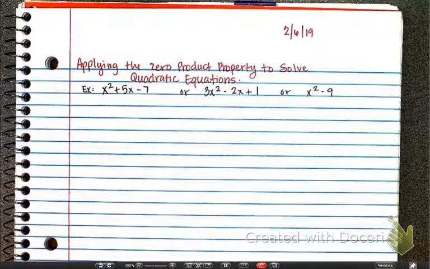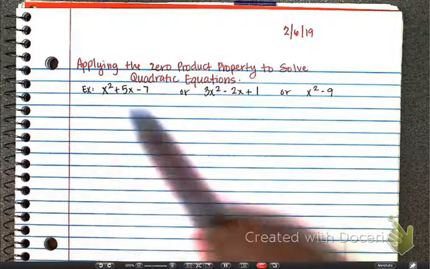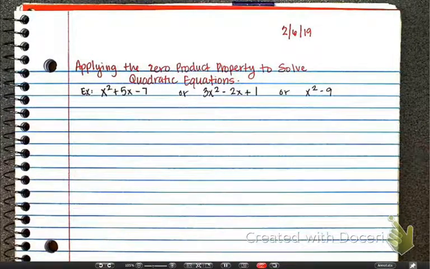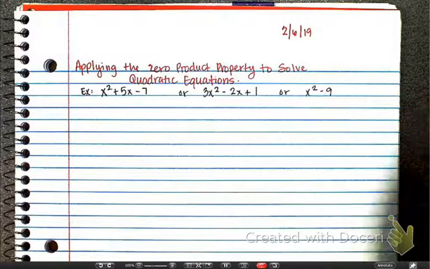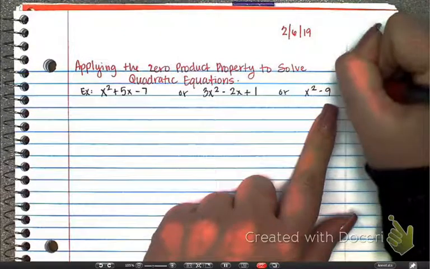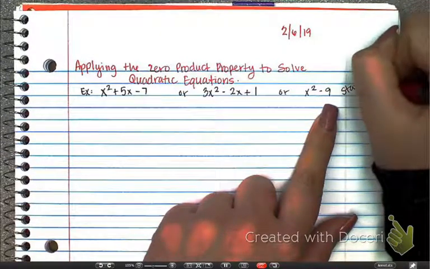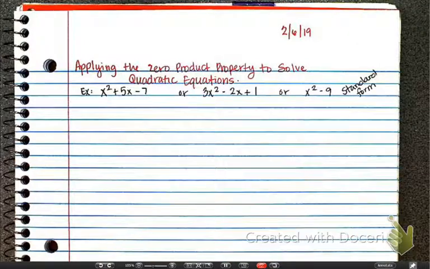Okay, the highest exponent is going to be a 2. You'll notice that it's still written in standard form with our highest exponent to our constant. Okay, this again is standard form. We've been dealing with standard form as we've rewritten expressions over the last couple weeks.